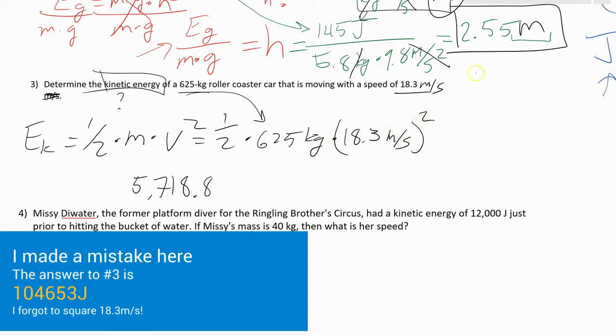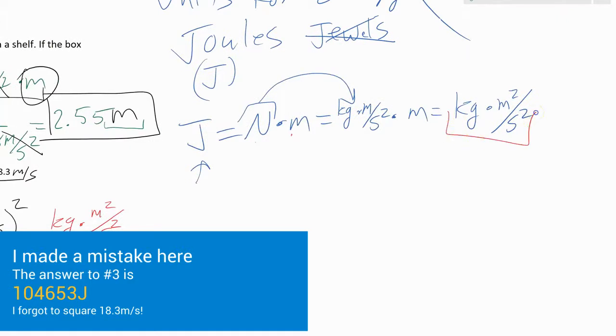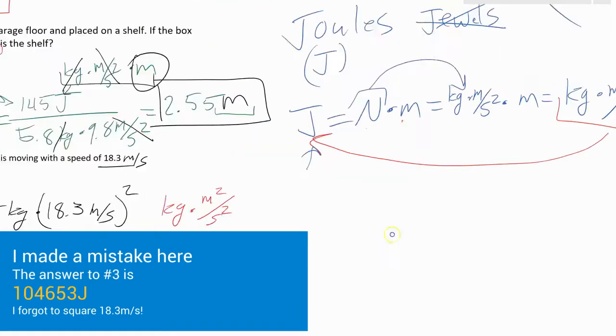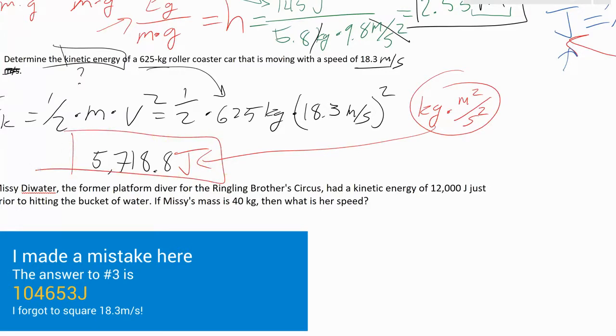So you end up with kilograms times meters squared per second squared, which sounds familiar. Over here we said that kilograms times meters squared per second squared is a joule because of all these other things we talked about. So in the end, instead of writing all this, just write a J. And that's my answer.